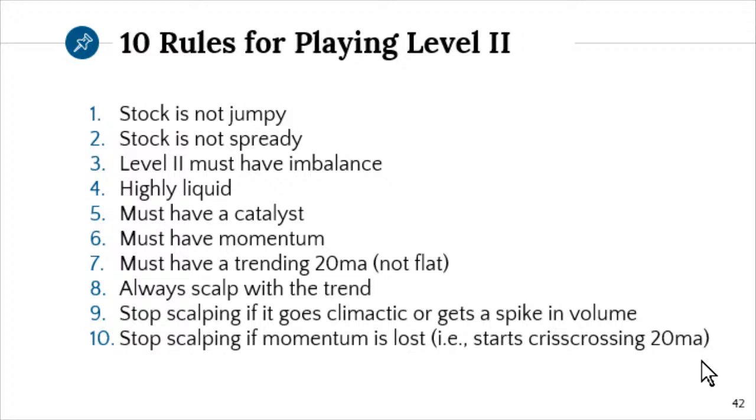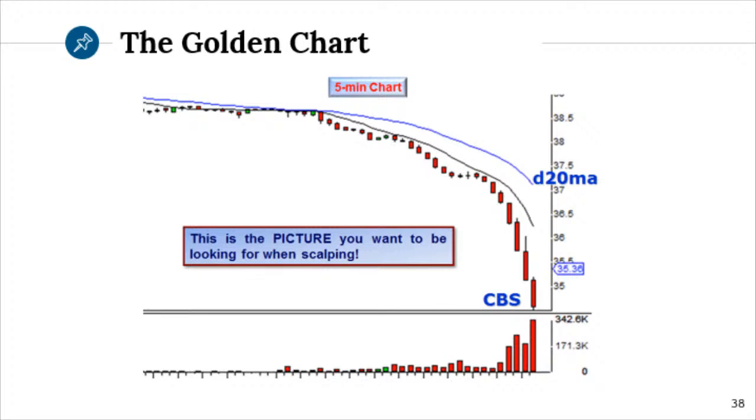Most stocks that have momentum, at some point they lose that momentum. How can you tell it lost the momentum? I'll show you. This is momentum. Red. You don't see multiple red bars in a row at a time.